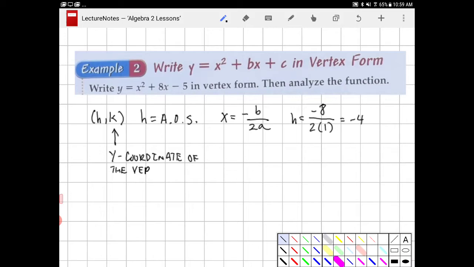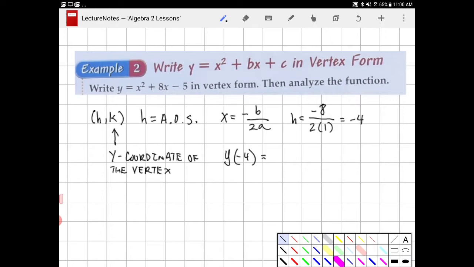To figure out what that is, I'm going to take the x-coordinate of the vertex, which is h, and substitute it in. So I'm going to say y of -4. What this means is I'm not multiplying y with -4; wherever I see x in the original equation, I'm going to replace it with -4.